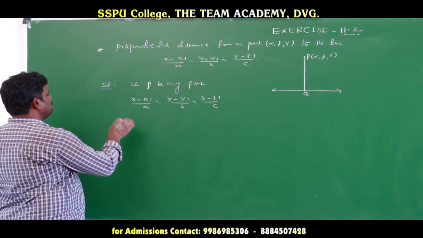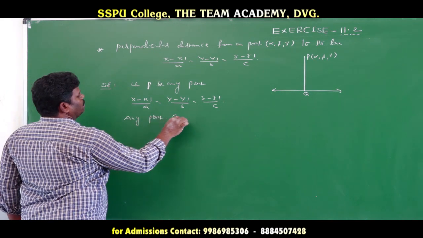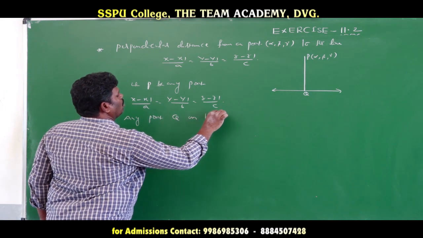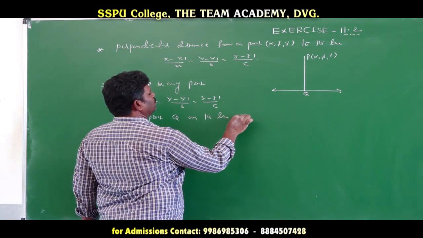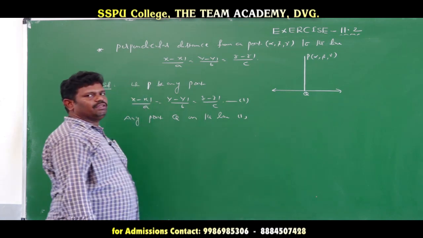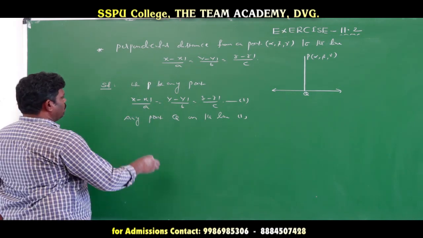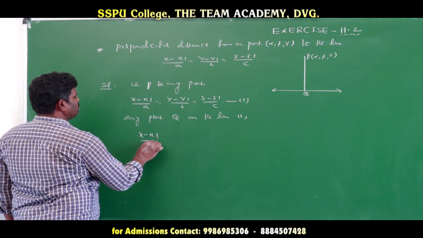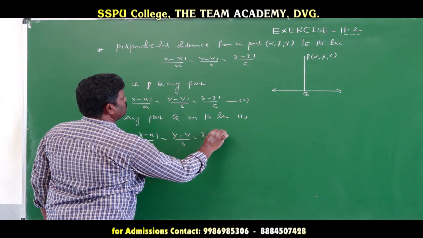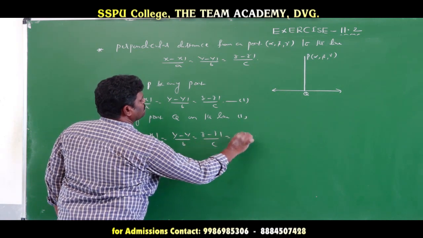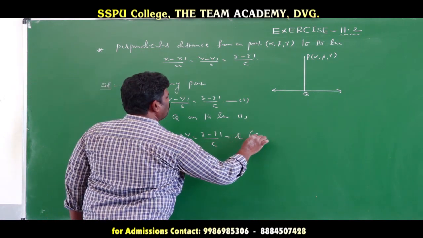Let Q be any point on the line. So how to write that point? Equating (x minus x1) by a is equal to (y minus y1) by b is equal to (z minus z1) by c is equal to some r value.